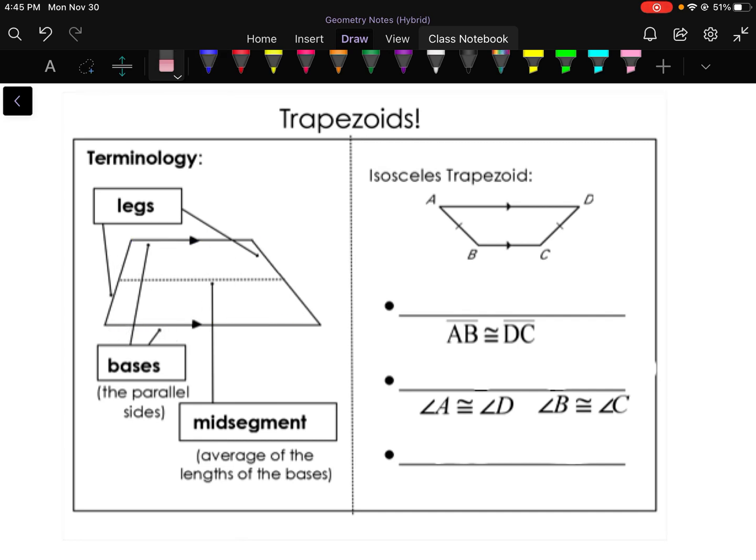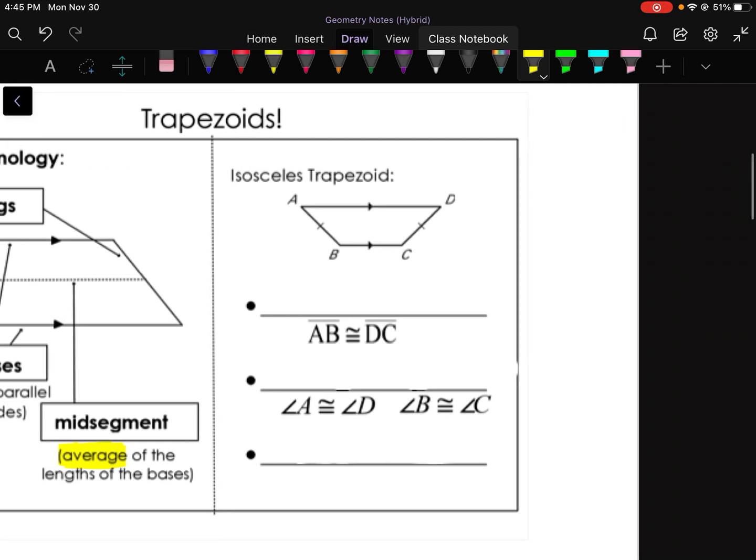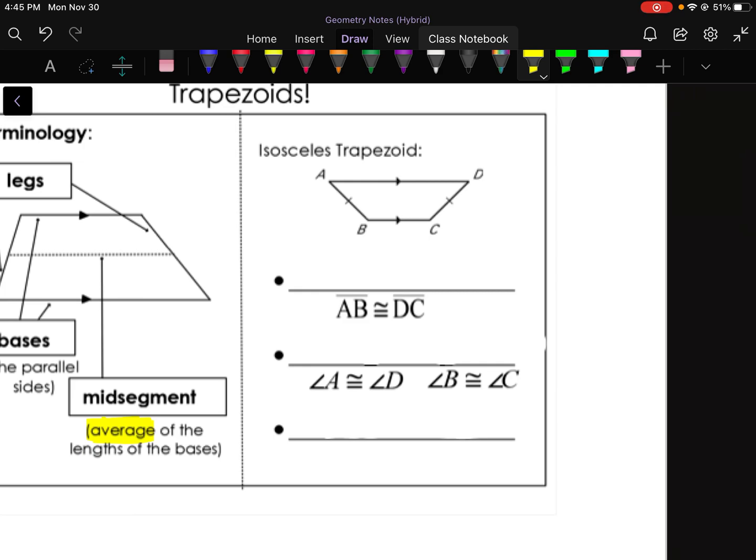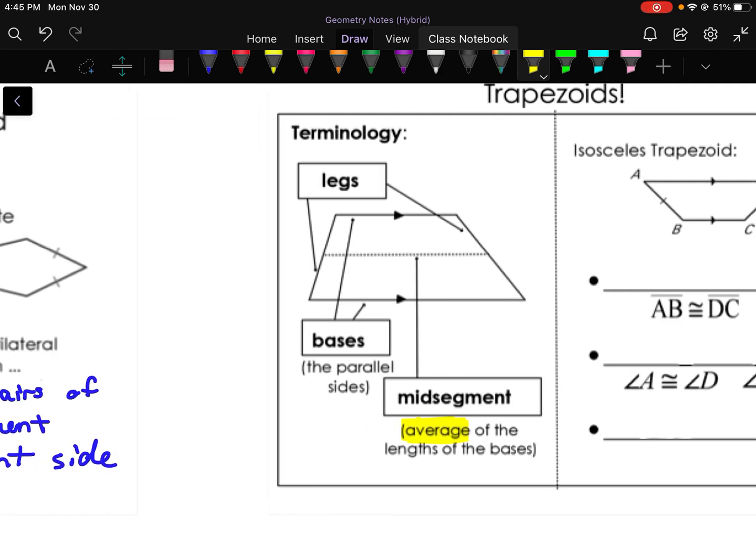And then if you run another line parallel to the bases, and it is, here's the key, because it's going to come up here in a little bit, the average of the lengths of the bases, that is called the mid-segment.